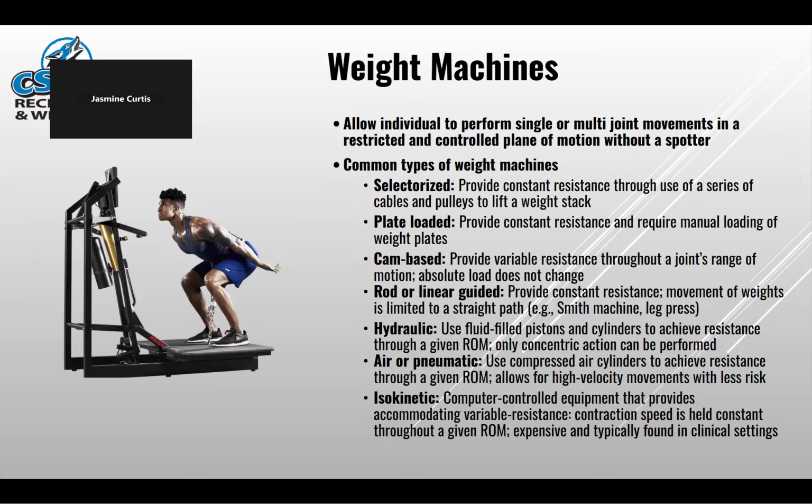These machines are pretty expensive and can be found in clinical settings. As we mentioned earlier, there are some centers that have testing based equipment that an individual pays maybe upward of around $50 for each testing piece of equipment.